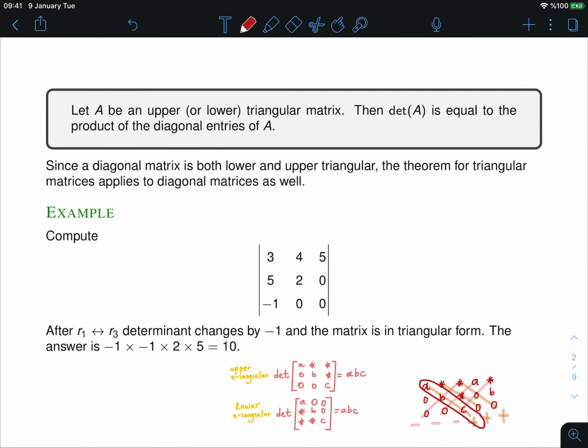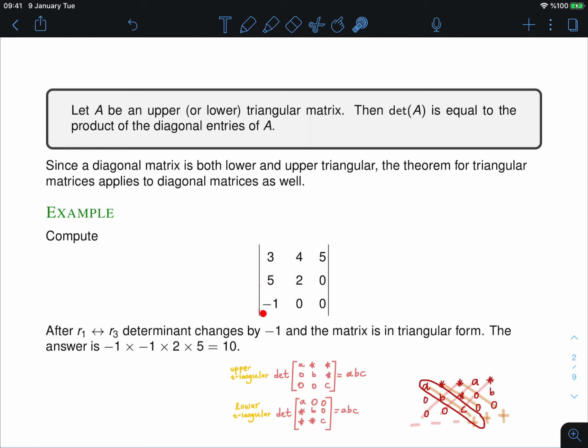Okay, now let's look at this example. When you first look at it, it looks like a triangular matrix, but this is not a triangular matrix. A triangular matrix is a matrix for which the entries below its main diagonal are all zeros, or the entries above its main diagonal are all zeros.